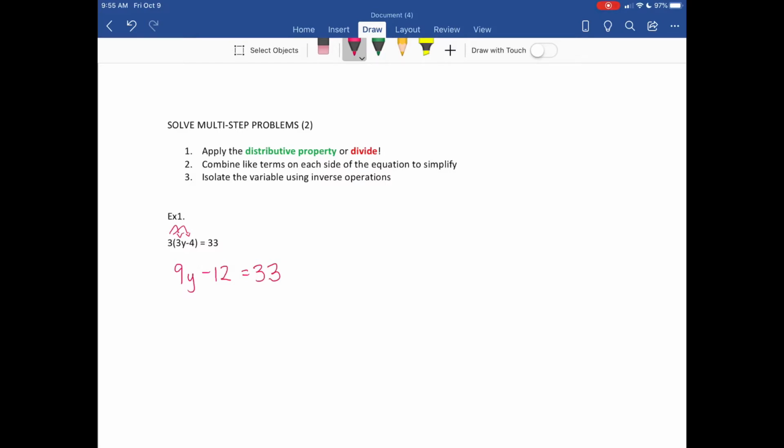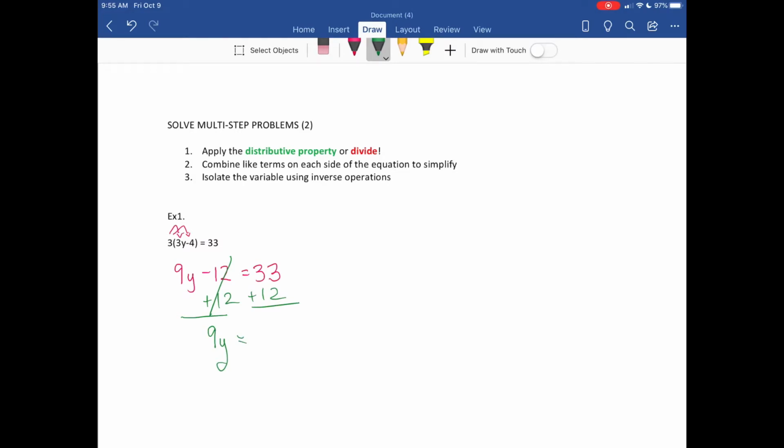All right, so we've checked off number one. Number two, combine like terms on each side of the equation. You'll notice there aren't any like terms on either side, so I'm moving on to 3. I'm isolating the variable. So here I'm going to get the y by itself by adding 12 to both sides. So that simplifies the left side to just 9y.